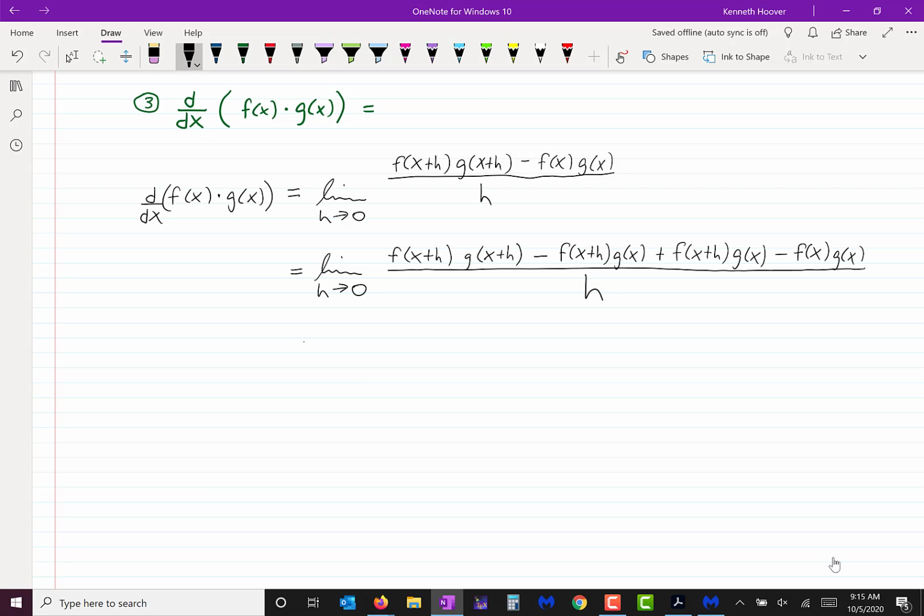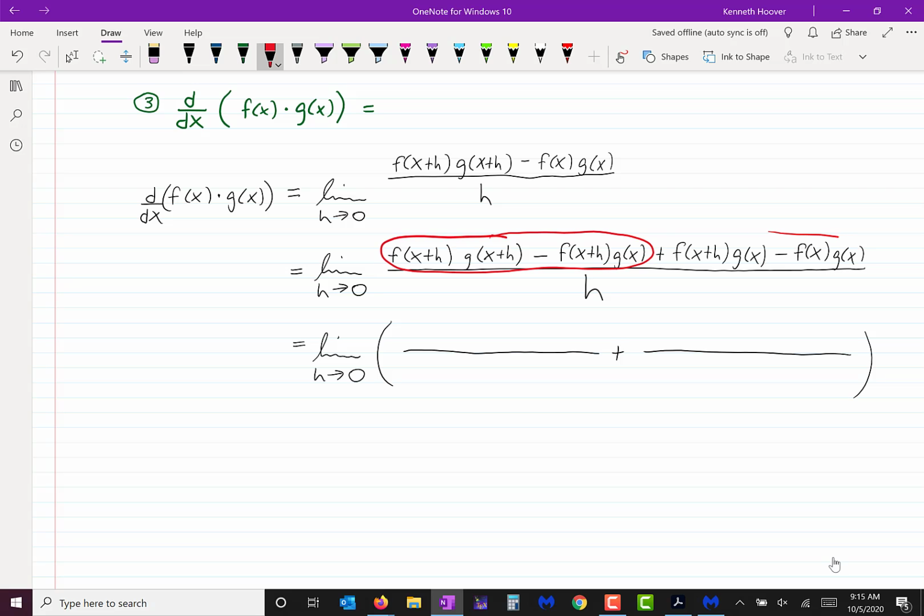Because now I can split this up as two separate fractions, with this stuff on top of the first fraction and this stuff on top of the second fraction. Okay?